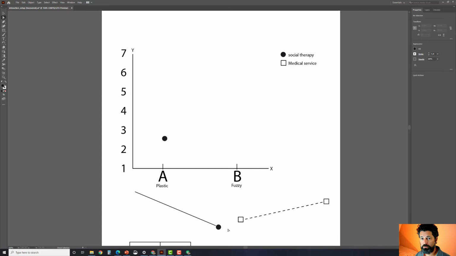On the other hand, people, according to what I've read, seem to really like the fuzzy robots, so maybe that's going to be up here around a 6. And sometimes what we do is we draw lines in between these dots just to demonstrate the effect that's going to happen. So I go from A to B, I'm going to like the robot more in the case of social therapy.